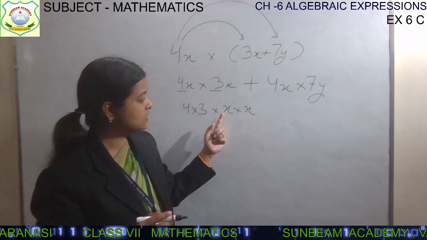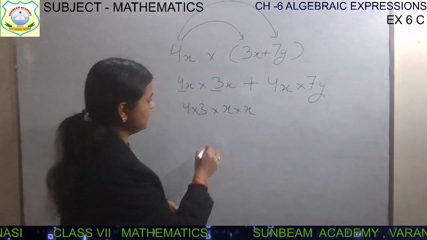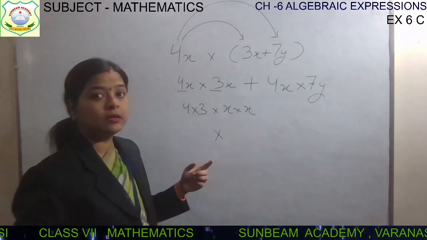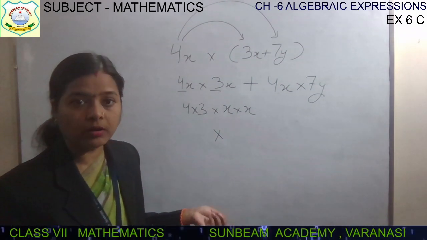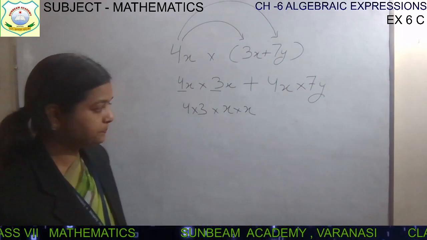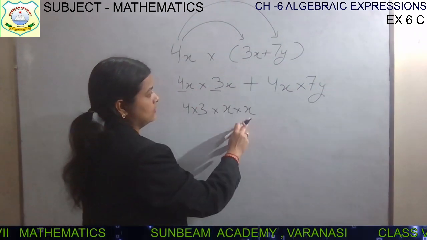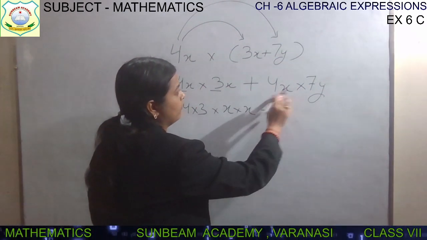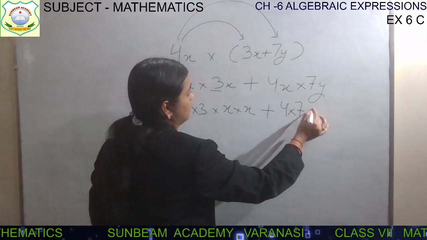So it's better to write x in a different way. Someone may get confused whether it is the x variable or multiplication. So better to segregate it. Now this x into x. Now plus 4 will multiply with 7 and then x into y.